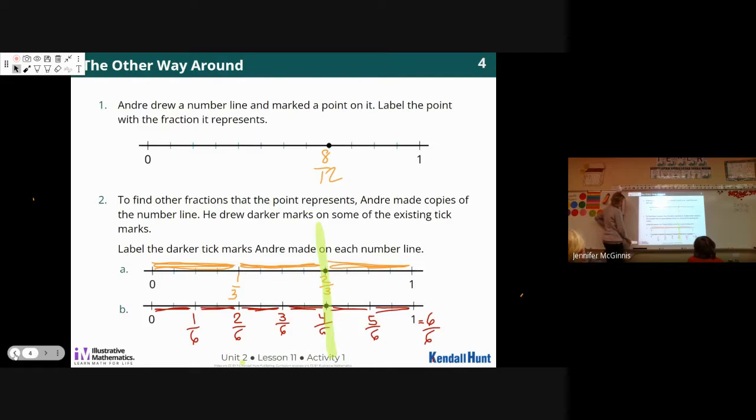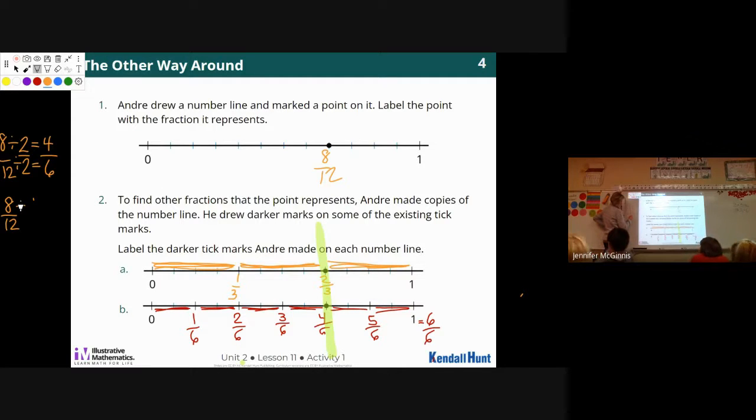Kind of like I said earlier, for the daily review slide. Exactly like you said earlier. 8 divided by 2 equals 4. 12 divided by 2 equals 6. 8/12ths divided by 4.